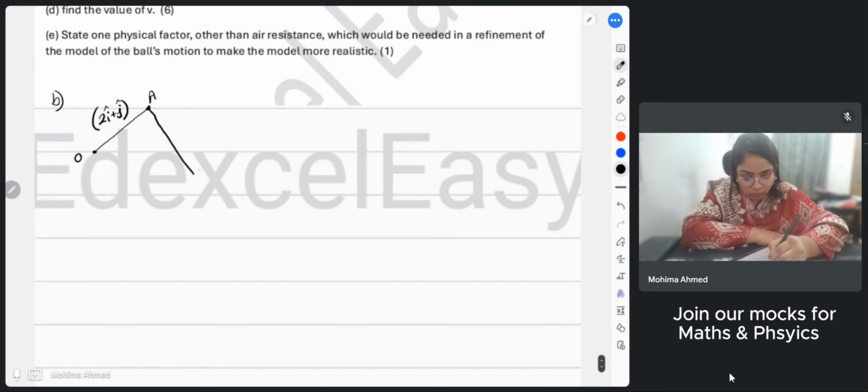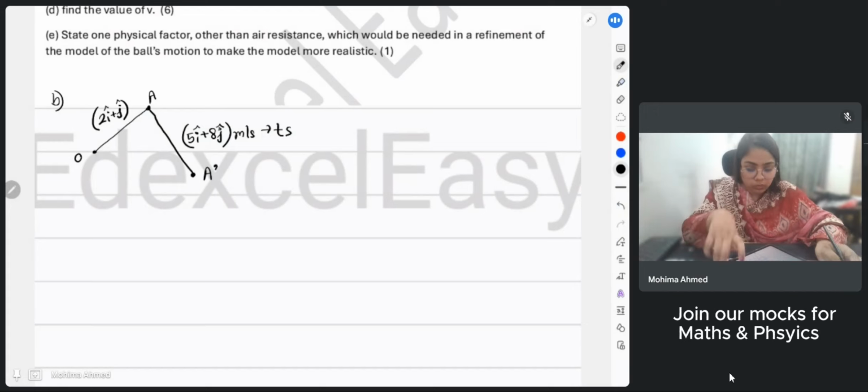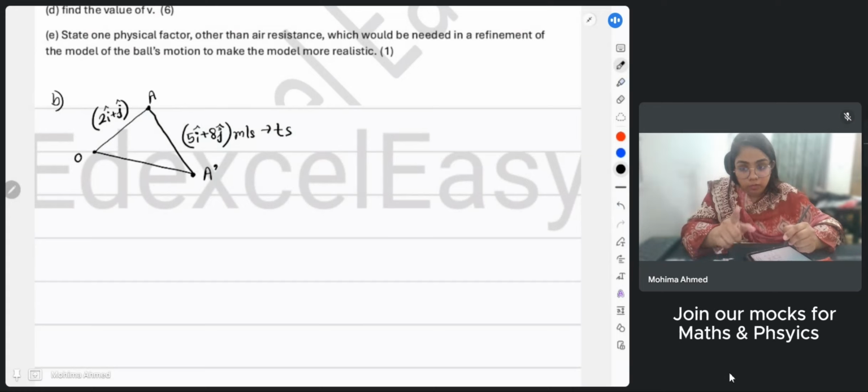With this velocity, it was traveling for t seconds and it reached this position, right? Whatever this point is, I'm going to consider this as A prime, and we need to find the value from the origin to A prime. We're trying to find this O to A prime calculation.